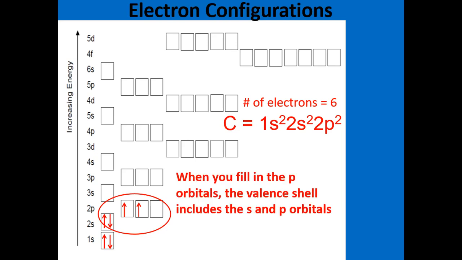And so when you fill the p orbitals, the valence shell includes that previous s sublevel and the p sublevel. So the number of electrons that we have in that circle is then 4.